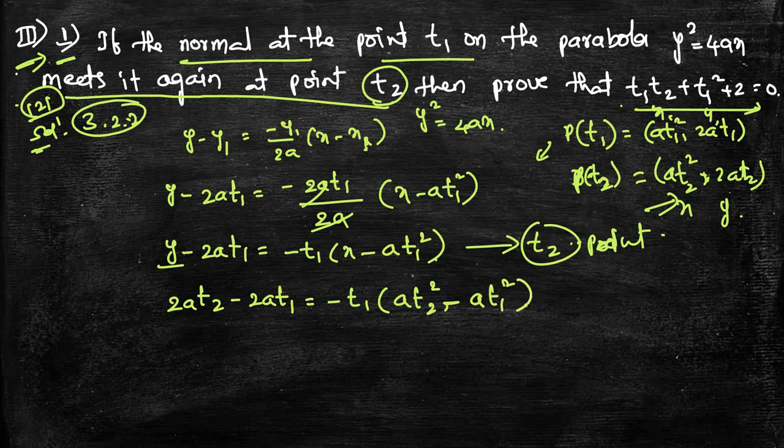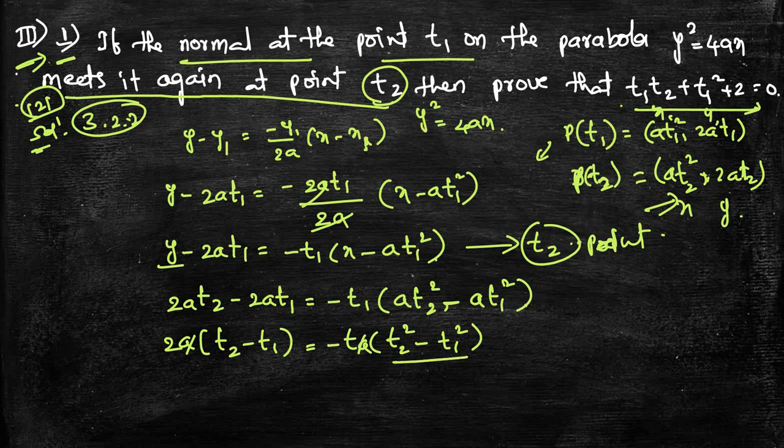From this, I take 2a common on the left, so it becomes 2a into t2 minus t1. On the right, I take a common, so t2 square minus t1 square will come here. So a will get cancelled.